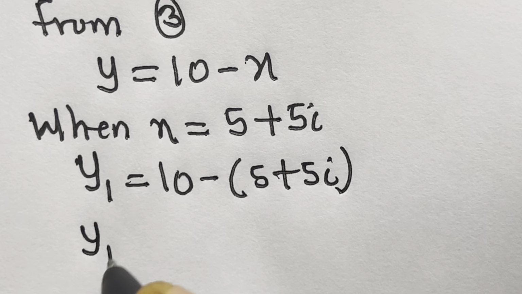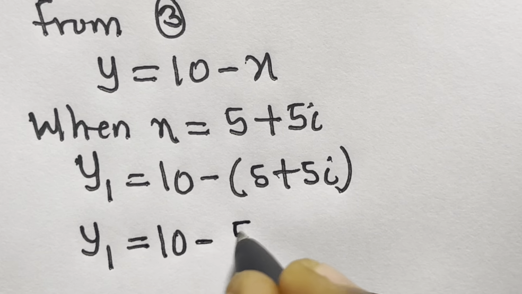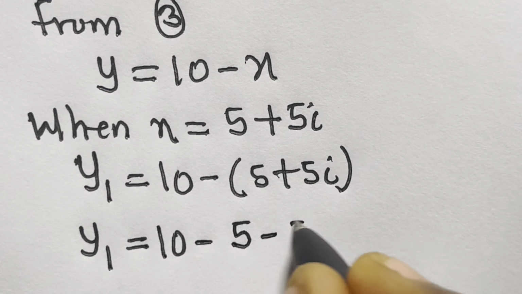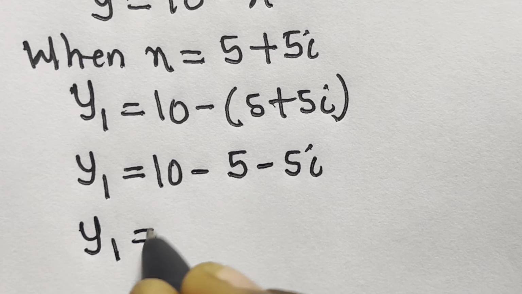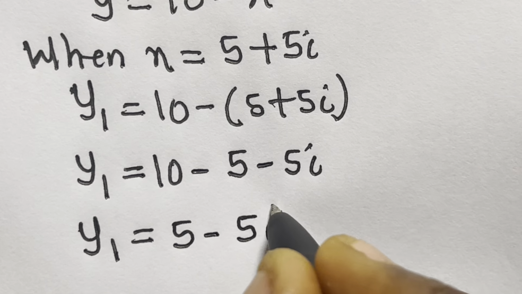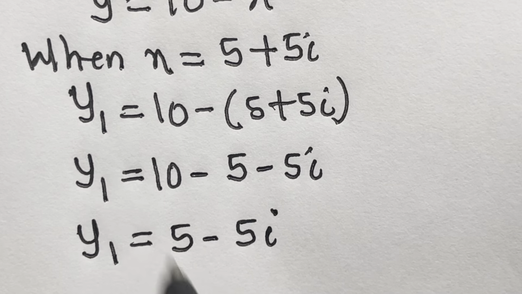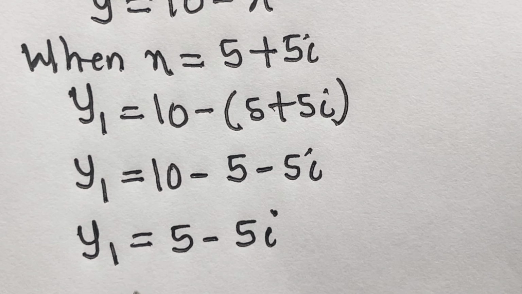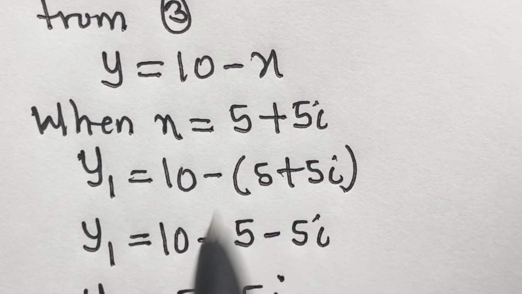Use this minus to expand this, we have minus 5 minus 5i. So we have y1 equals 10 minus 5, that is 5 minus 5i. So this is the value of y when our x equals 5 plus 5i.